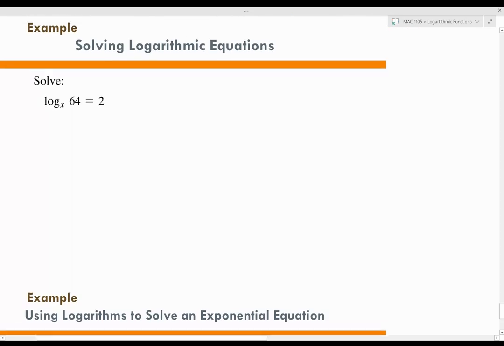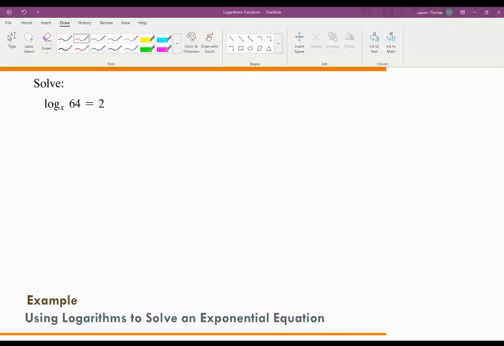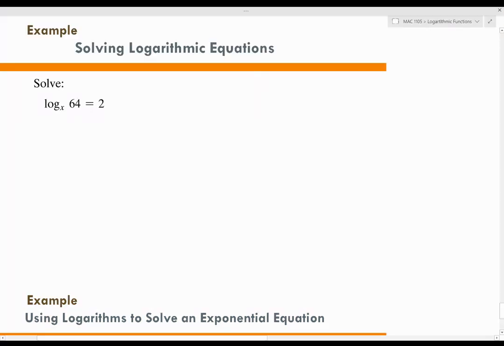All right, this problem says solve log base x of 64 equals 2. Once again, I want you guys to identify how many logs you have. You have 1 log. So we're going to convert it to an exponential. That's going to give me x squared equals 64.